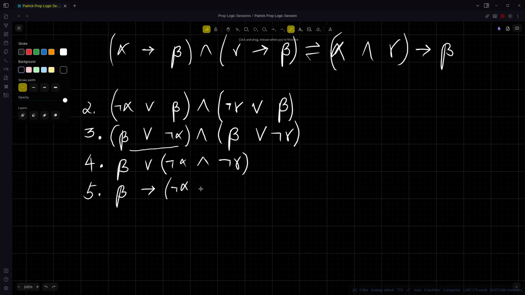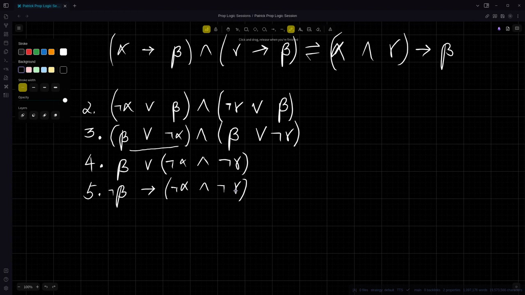Oh no, I'm missing something. It should be not beta at the start. Yes, exactly. Technically, we could have done a double negation, but for time we can skip. No problem.